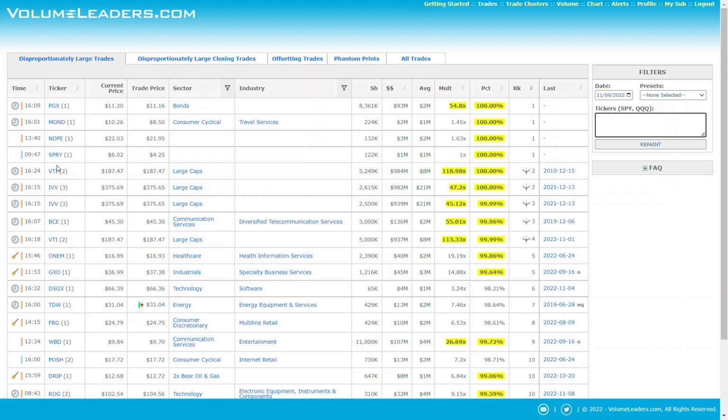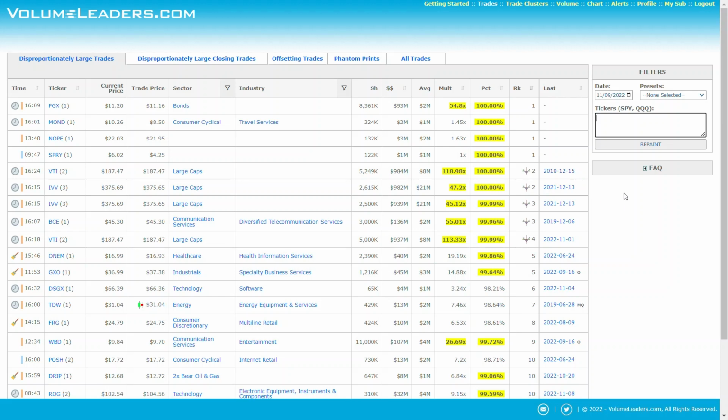Then I look at VTI. Very similar structure, a lot of growth names. And so I immediately go and I want to see what's going on. I see that this VTI is the largest trade since 2010. So it's been 12 years since an institution has committed that much money to a single trade. That is a big, big red flag for me.